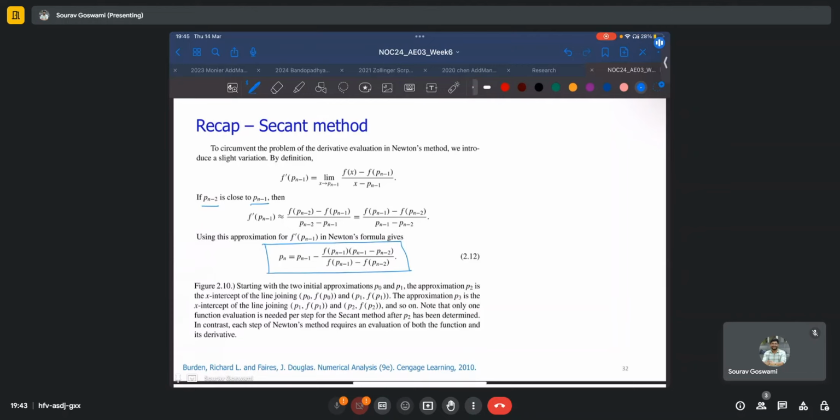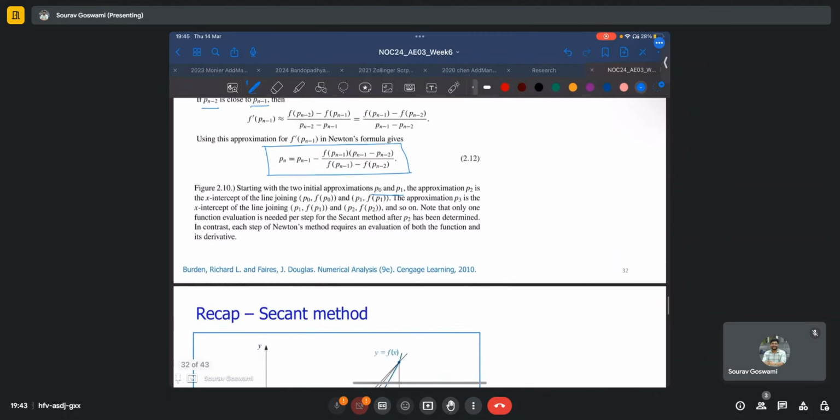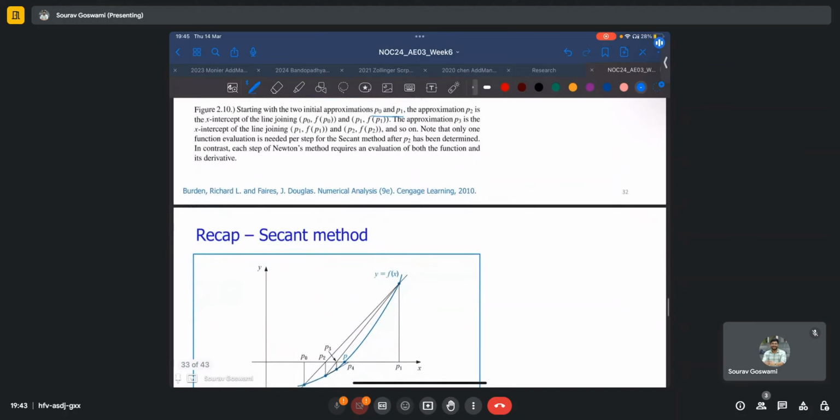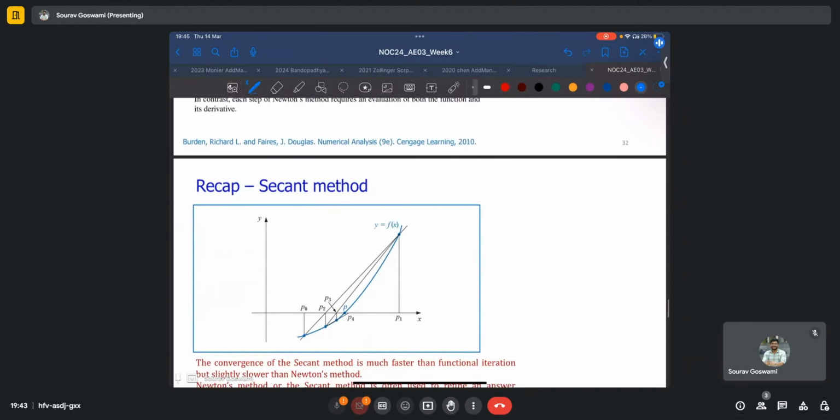Thus here we start with two initial approximations, P0 and P1, and it might be seen that the approximation P2 is the x-intercept of the line joining these 2 points. So we have P0 and f at P0, we have P1 and f at P1, and when we draw the straight line joining these 2 points, it intersects the x-axis at the point P2. Now we repeat this.